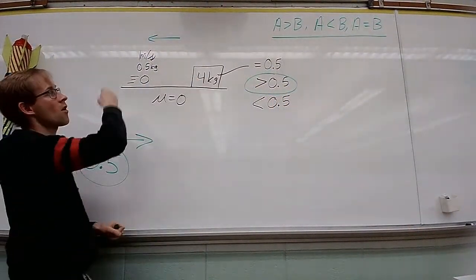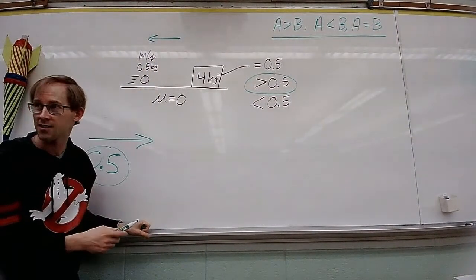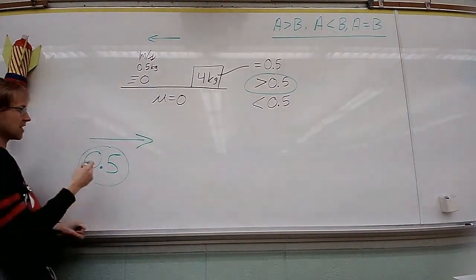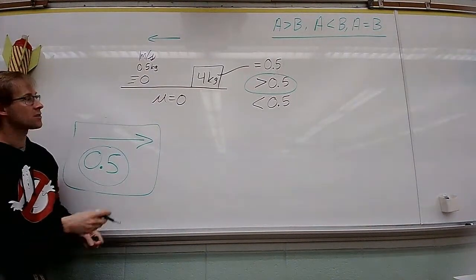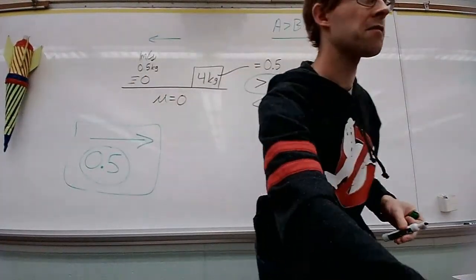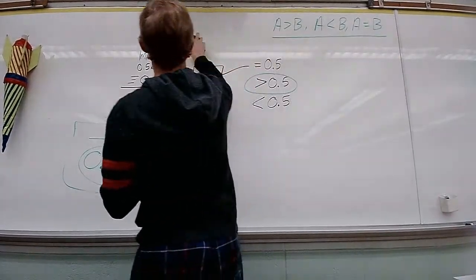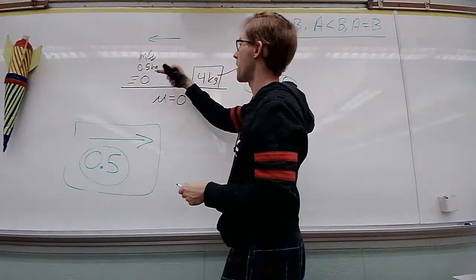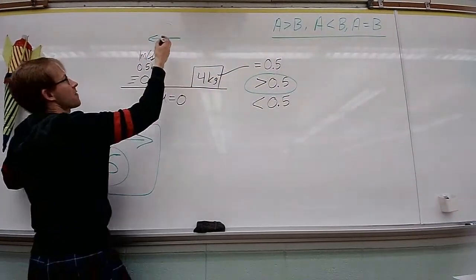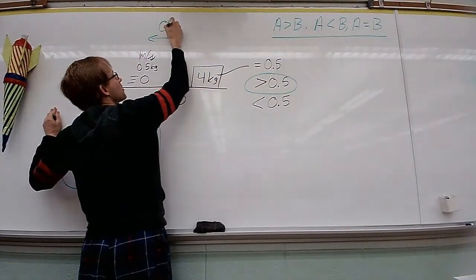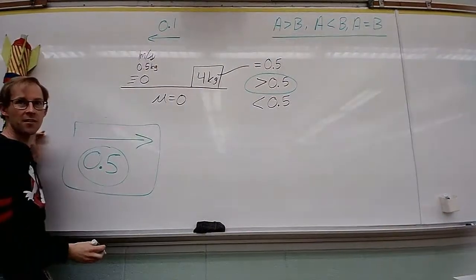Because overall, between both objects, when you add them together, you have to have an overall momentum of 0.5 to the right. So let's say we had enough numbers here to figure out what this object's momentum was going to the left after the collision. Let's say after the collision it had a momentum of 0.1 to the left.